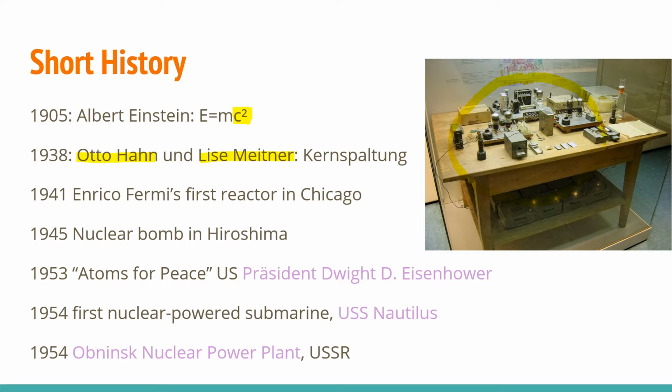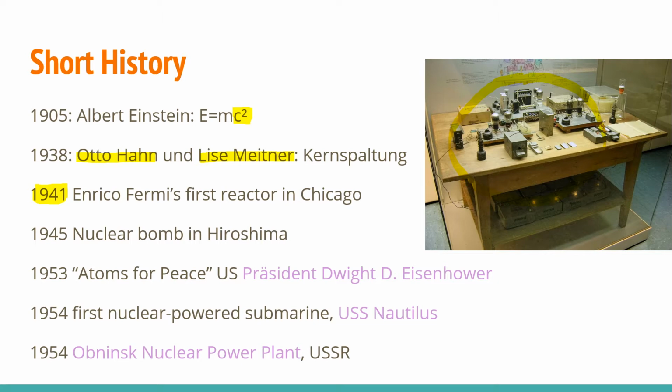They detected that under some circumstances there is Kernspaltung, the splitting of atoms, especially of uranium, and thereby not only two parts exist, free neutrons are also produced, and this leads to the chance to have a chain reaction.